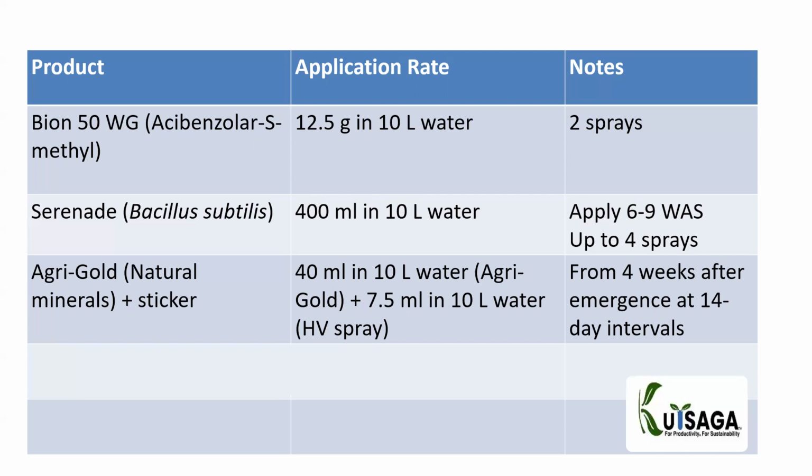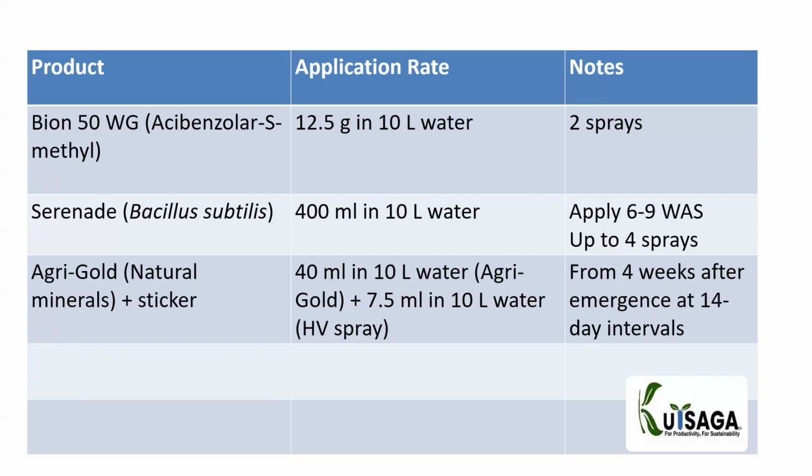And again, this is applied from 4 weeks after emergence at 14-day intervals. So there are several products that you can actually use in the seedbed to manage or to prevent the buildup of angular leaf spot. We also have other products that we are still testing, and in subsequent seasons, we'll be adding to this range of products that we have for now.